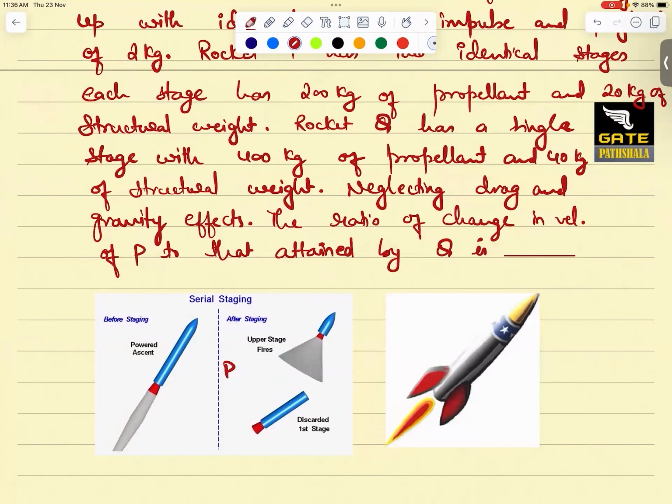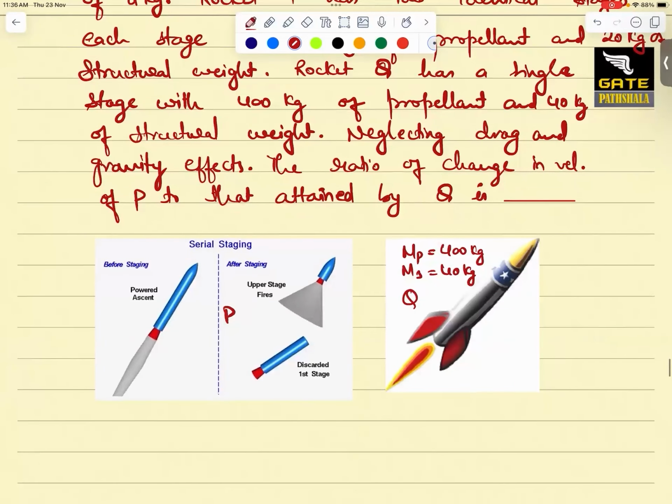Let this be the rocket Q. So mass of the propellant in rocket Q is 400 kg and mass of the structure is 40 kg. Whereas in P, the mass of the propellant, you have to add up both. Per stage it is given.